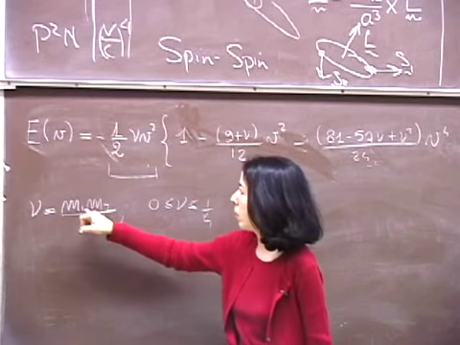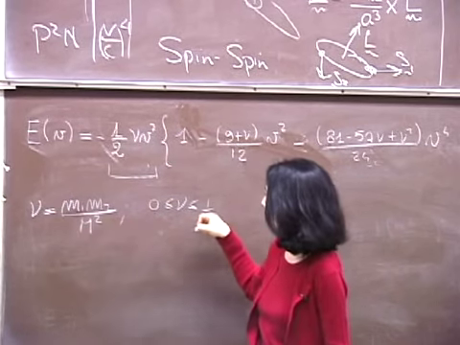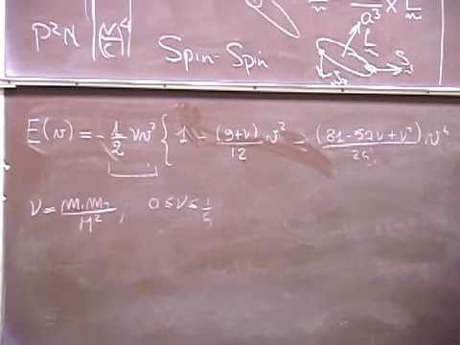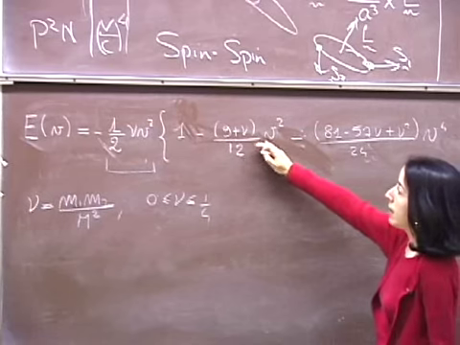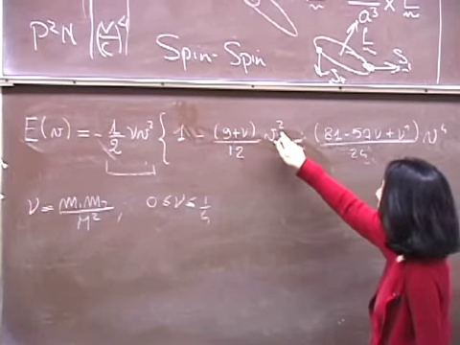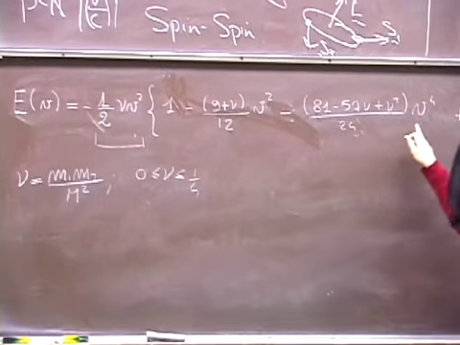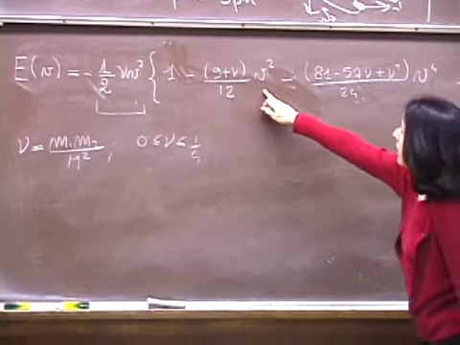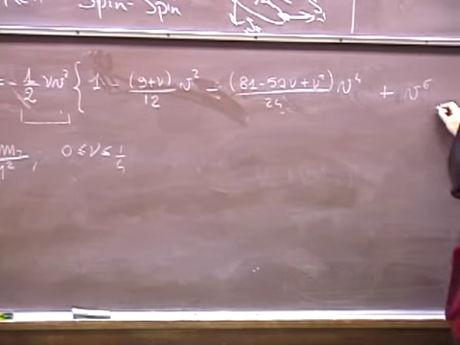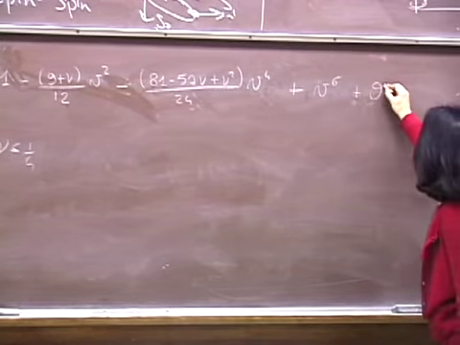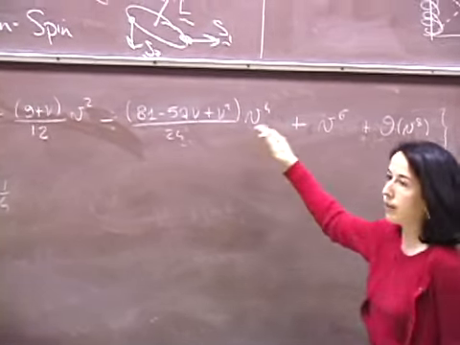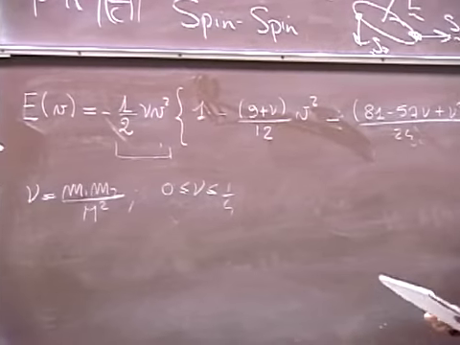You plug in m1 equal m2, and you get 1/4. M is the total mass of the binary. This is just the energy of the conservative part of the dynamics, so it depends only on even powers of v, as you can see. This is the 1PN term, the 2PN term, and the 3PN term is also known, and then there will be higher orders. This is a typical expansion that you can have.